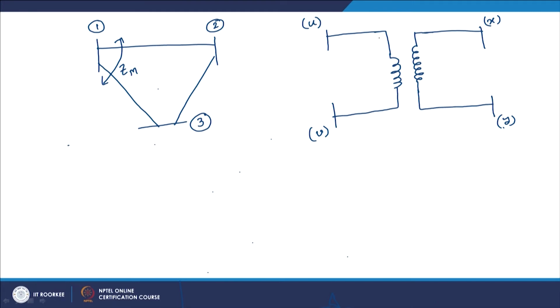The current through this element is I C, the current through this element is I D, the impedance of this element is Z C, the impedance of this element is Z D, and these two elements have a mutual impedance between them as Z M.